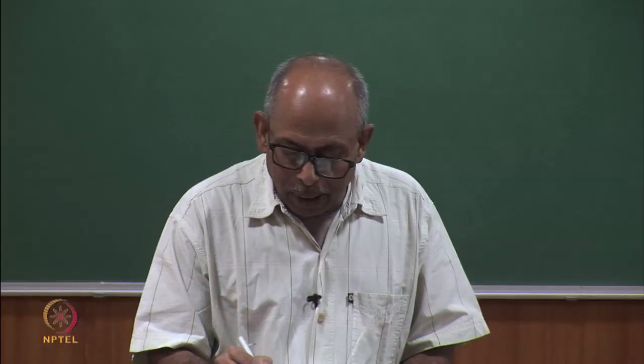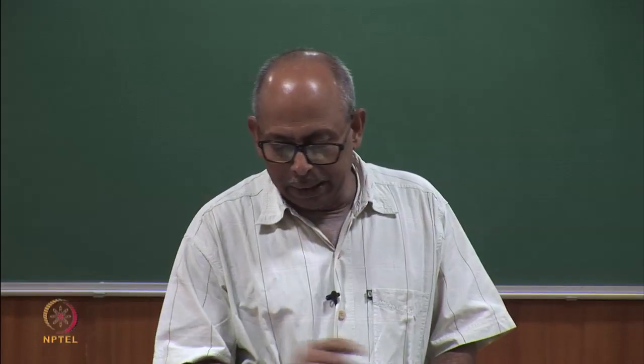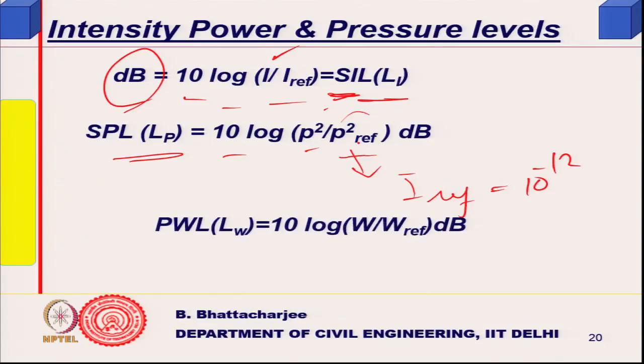P RMS square over P reference square is related to I ref, which was 10 to the power minus 12. So pressure level can be written as 10 log P square by P reference square, and this reference is taken as 2 into 10 to the power minus 5, I think.